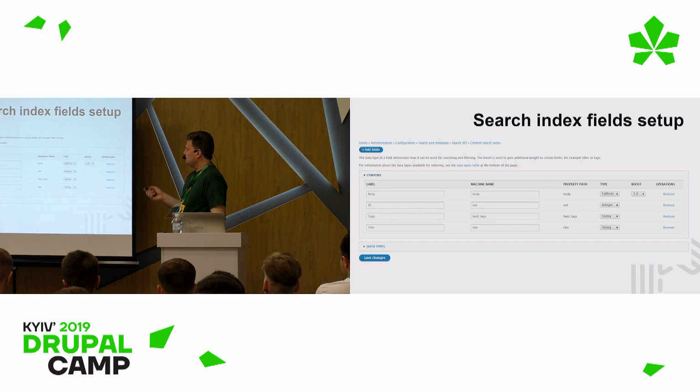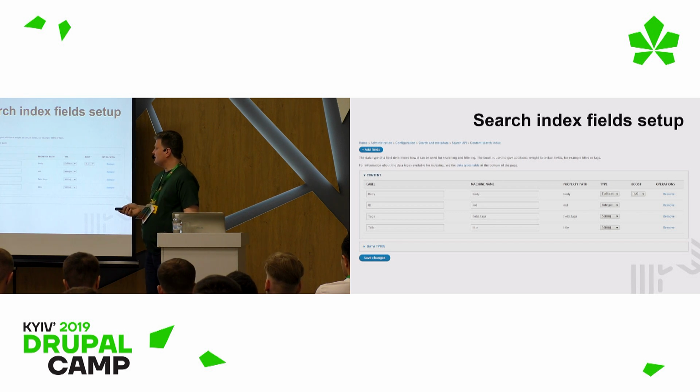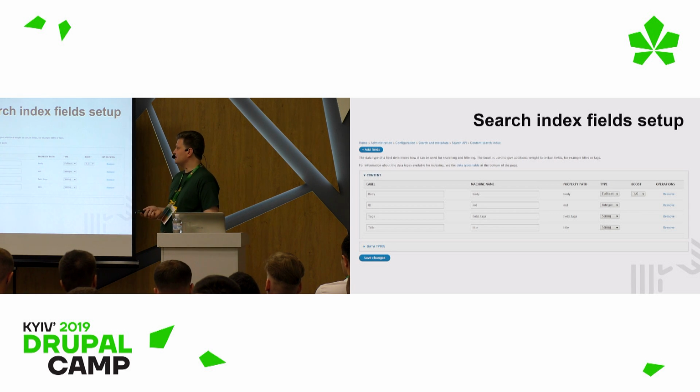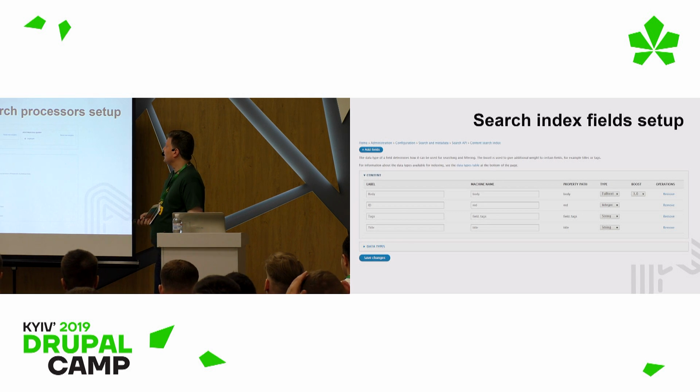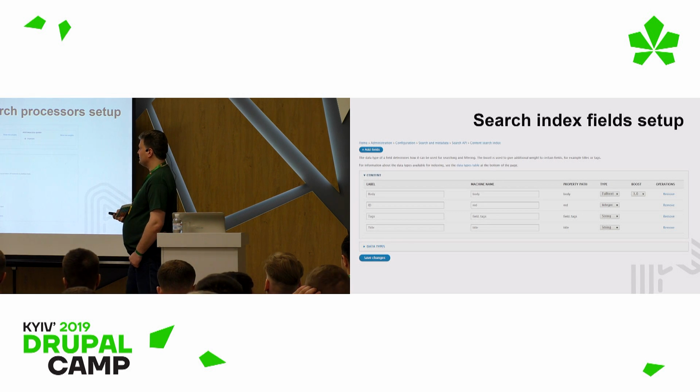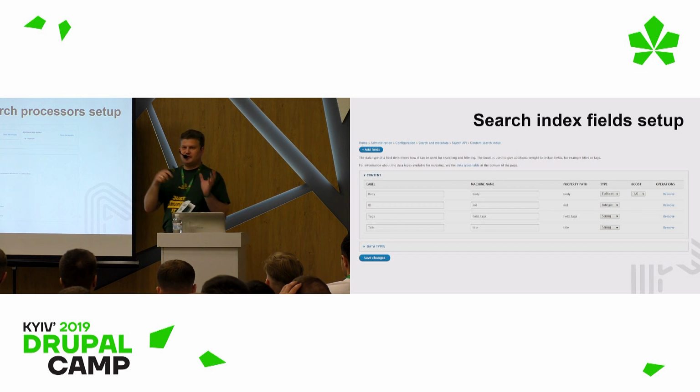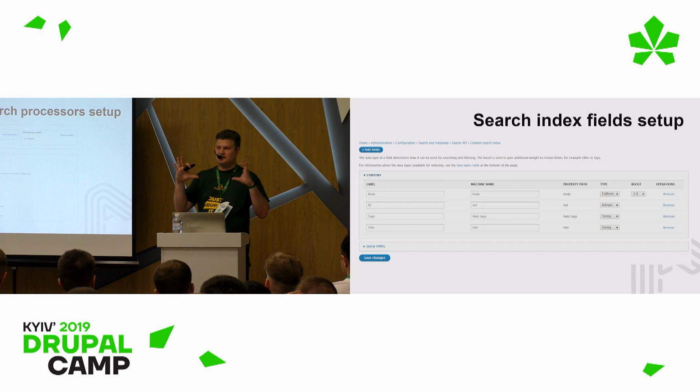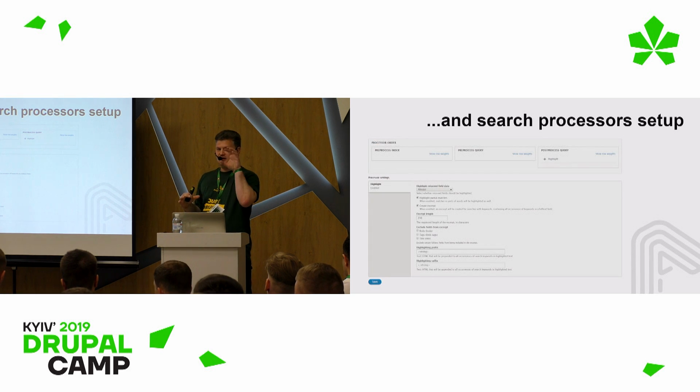And when we finish with the configuration of fields in the index, we need to do some configuration for processors. As you remember, on one of the previous slides, you saw that the search API contains some elements like search server, search index, and processors.